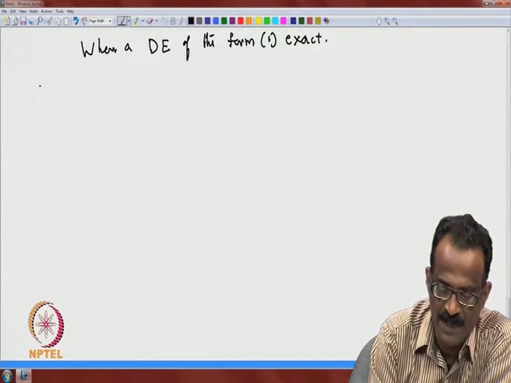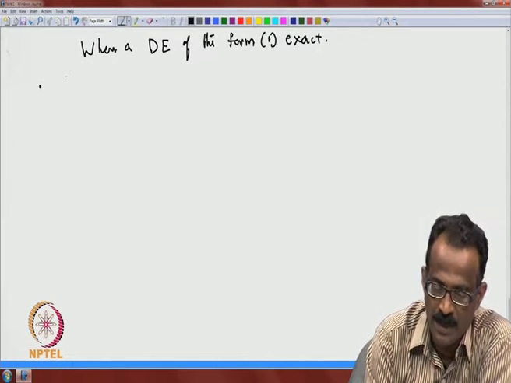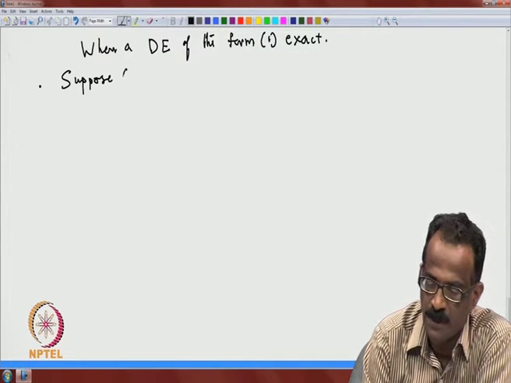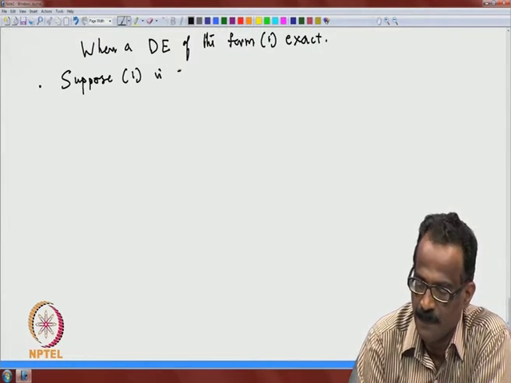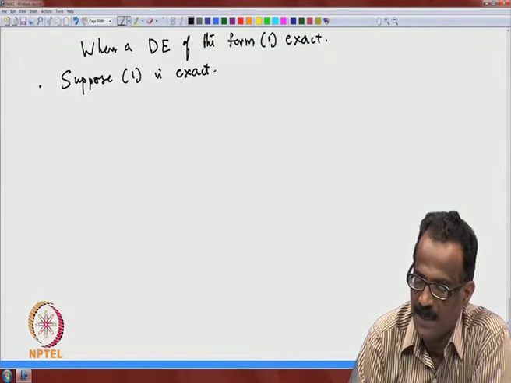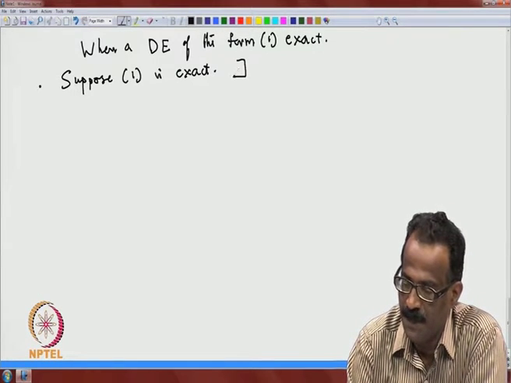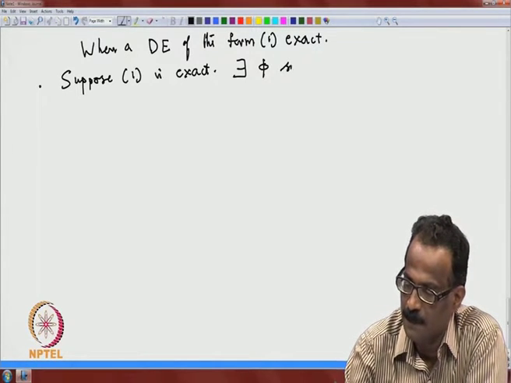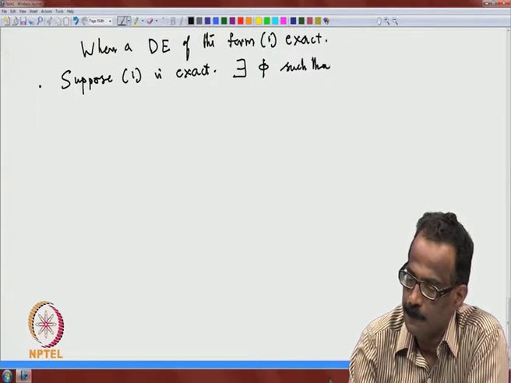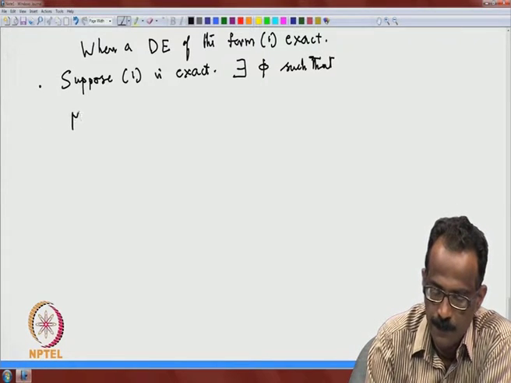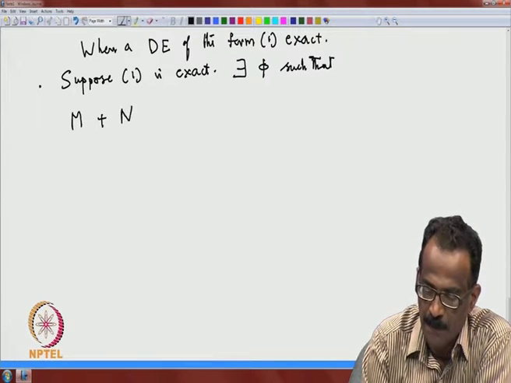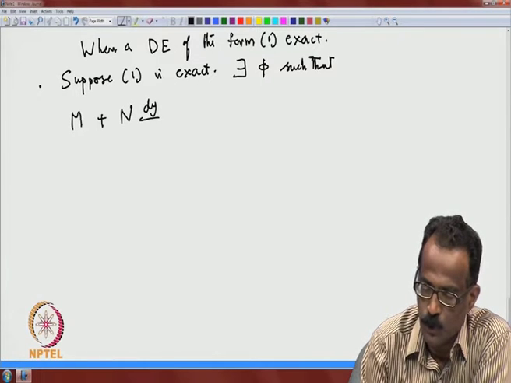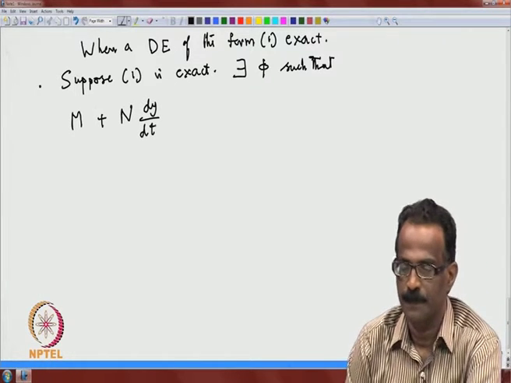Suppose it is exact, suppose 1 is exact. What does that mean? There exists phi, assuming differentiability, such that M plus N dy by dt equals 0.